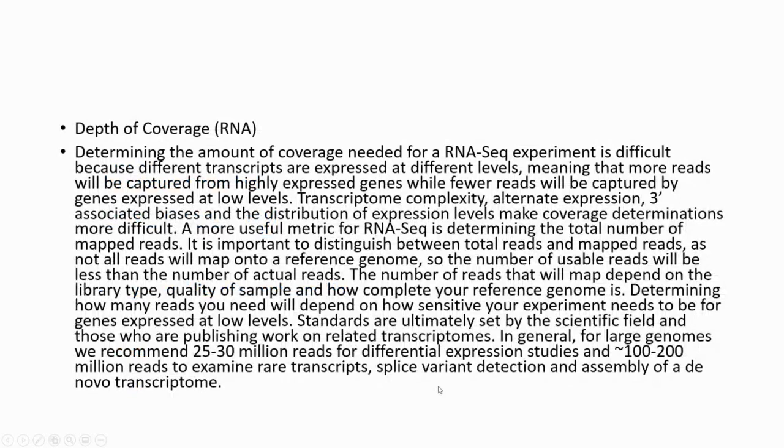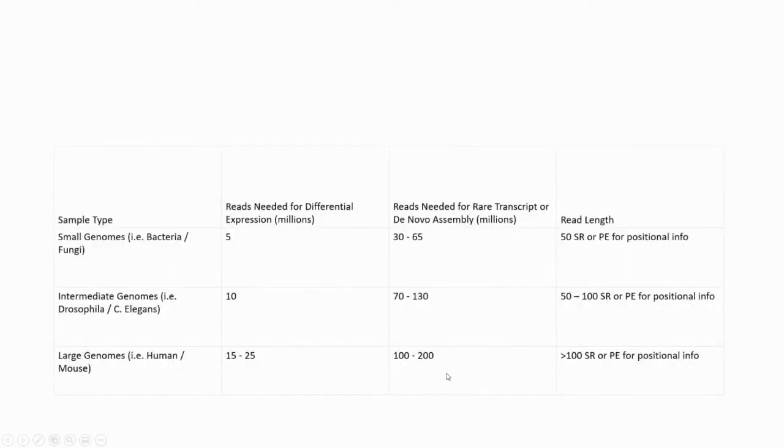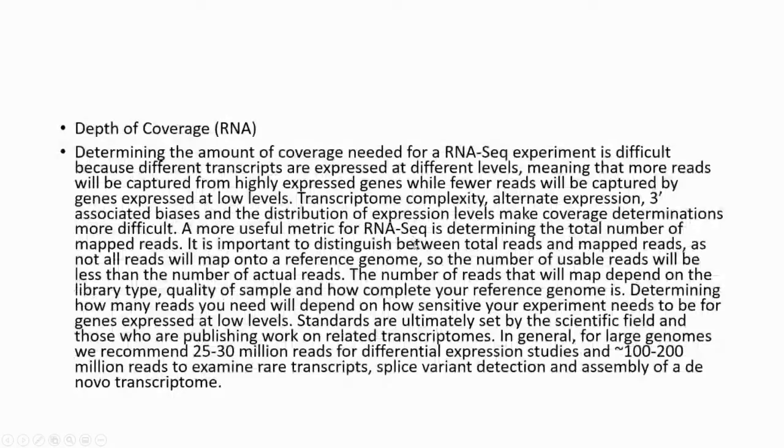And the depth of coverage for RNA, you can see you have different coverage for small genomes, intermediate genomes, and large genomes, and they have different requirements, okay? Because for RNA, determining the amount of coverage needed for an RNA-seq experiment is difficult because different transcripts are expressed at different levels.